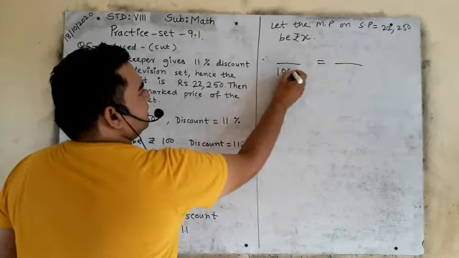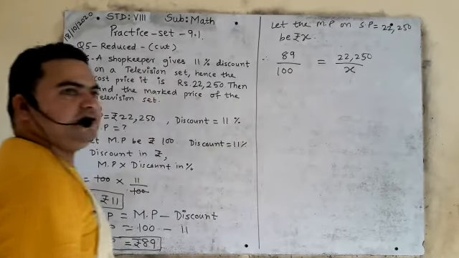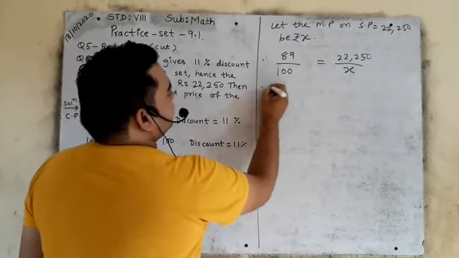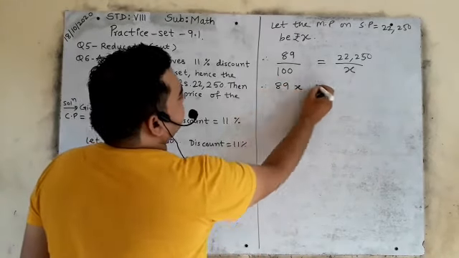What is the mark price here? X. And what is the selling price here? 22,250. Then what you will do? Cross multiplication. This will multiply here, this will multiply here, right? So you will multiply, therefore 89x is equal to 22,250 multiplied by 100.